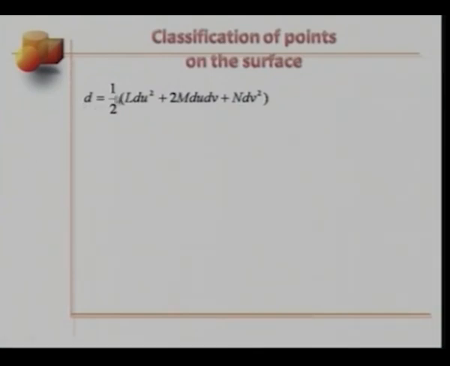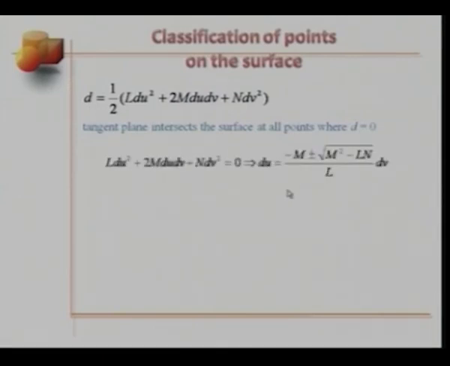So d is equal to half of L du squared plus 2m du dv plus n dv squared. If a tangent plane would intersect a surface, it would do so at all points where d is 0. That would mean that L du squared plus 2m du dv plus n dv squared is equal to 0.